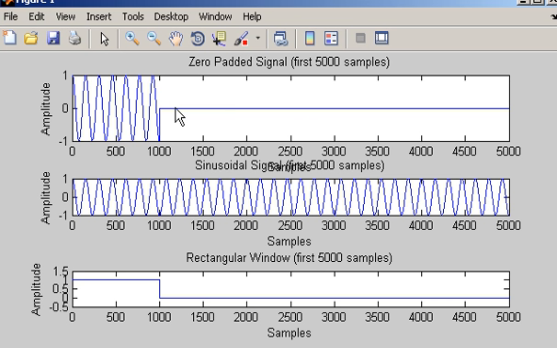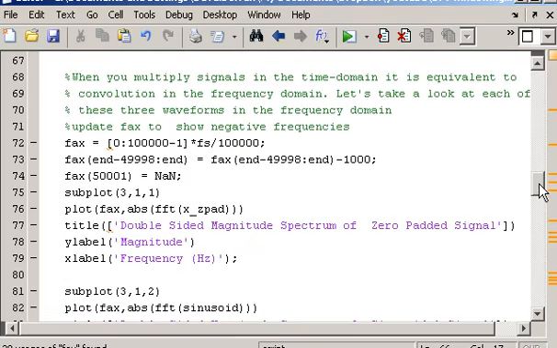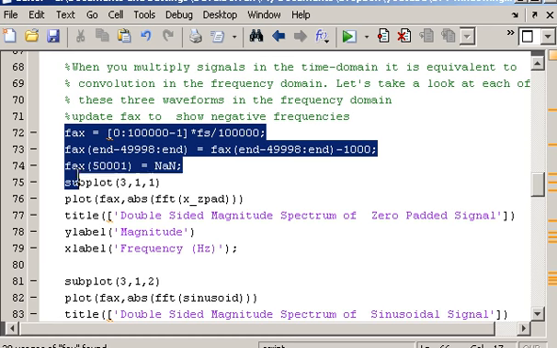But now to understand windowing, we need to move into the frequency domain. So what I'm going to show you now is each of these time domain waveforms plotted in the frequency domain, and we will see what happens there. So let me just evaluate some of this code. Again, parts of this code are going to be difficult to understand.